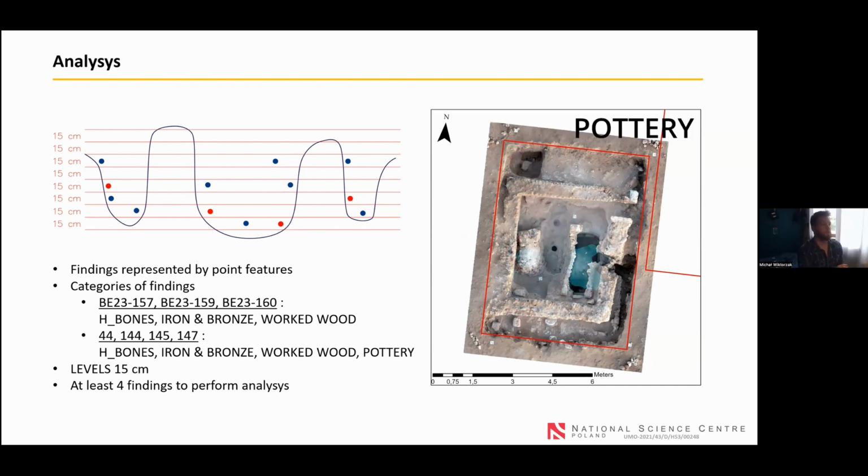And this resulted in an animation, as you can see. It's connected with the kernel density analysis of the whole trench, every level included, and then it goes from down to up to see at which level there were the most findings of each category.